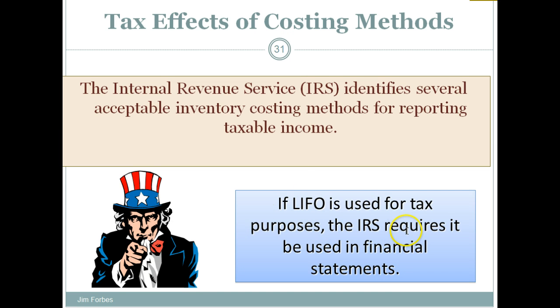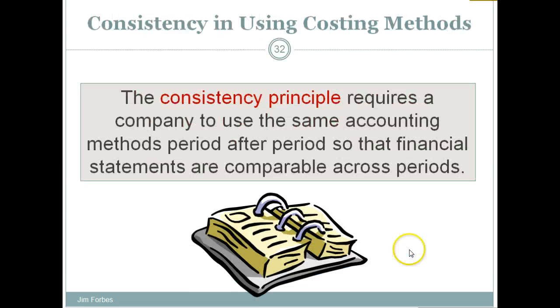If you use it for tax, you must use it for your financial statements, which is not true if you use FIFO. And again, they're getting to the consistency principle that you use the same method from period to period. Now you can change, but if you do change, you have to disclose that change, and then you have to show what that inventory effect would have been on the old method versus the new method, so investors and creditors can make a comparative difference.